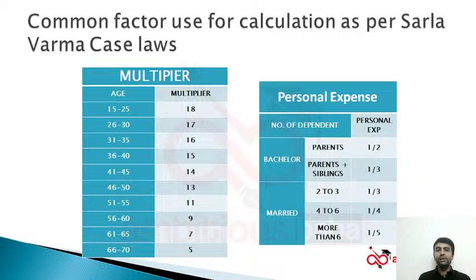These calculations or tables are given by the people working in the motor TP department. These are used as references, and as you all know, I am not the subject matter expert for motor TP. I have been taught this by one of my friends and I am presenting it in front of you.